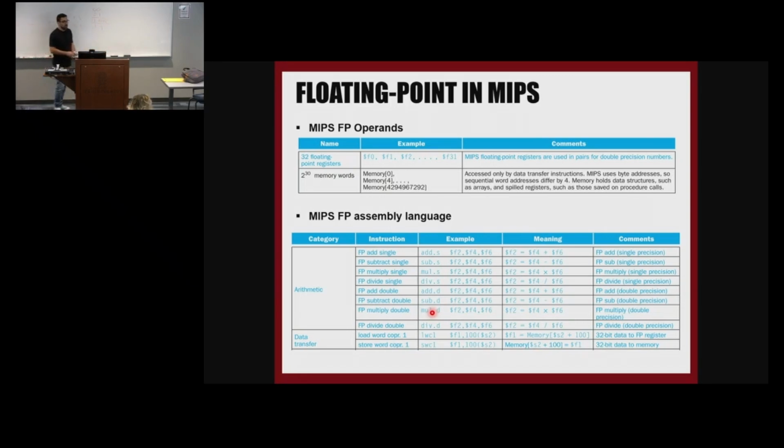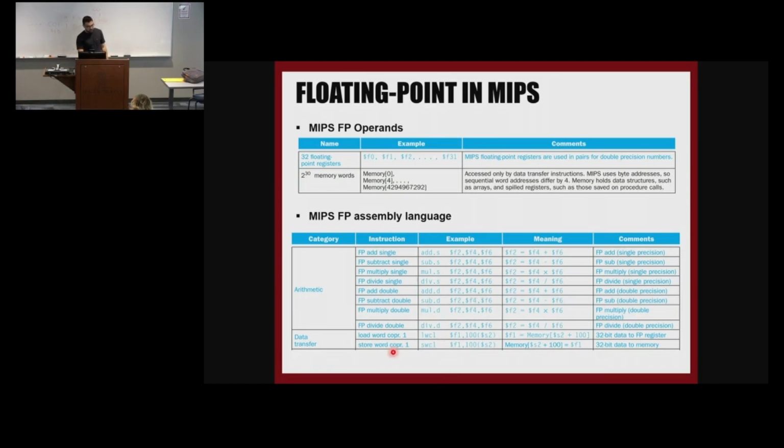So we just say, use a double precision add, F4 and F6 and F2. What it is really doing is adding F4 and F5 with F6 and F7 and putting the result in F2 and F3. So we only work with even registers because the odd one after that is kept to deal with the 64-bit representation of a double precision floating point. Okay? So you can actually use double precision, but you need more registers.